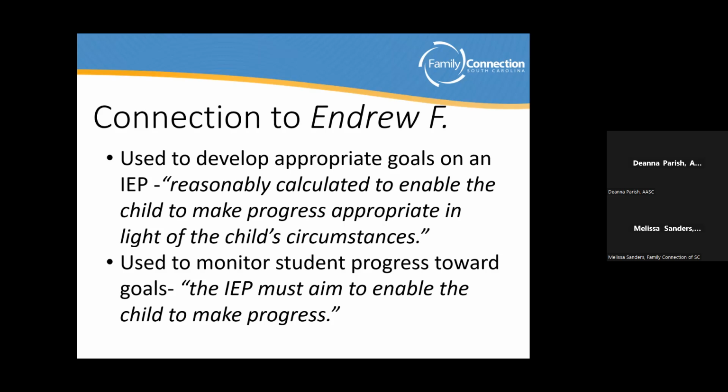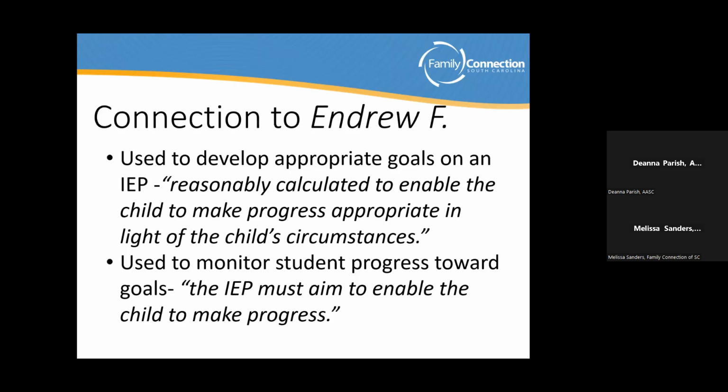Some of the language here in the first bullet that is in the quotes is directly from the decision. Progress monitoring is used to develop appropriate goals on the IEP. The language was they're reasonably calculated to enable the child to make progress appropriate in light of the child's circumstances. So these goals will be reasonably calculated.